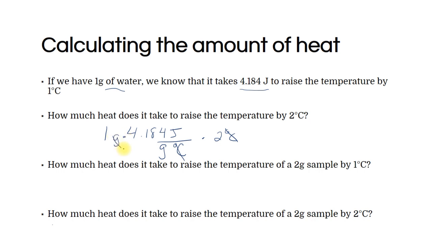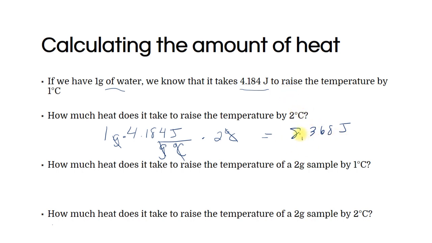So we're going to cancel grams by doing that. And so, this basically mathematically boils down to 2 times 4.184. So you're going to get 8.368 joules of energy to heat up 1 gram by 2 degrees instead of by 1.